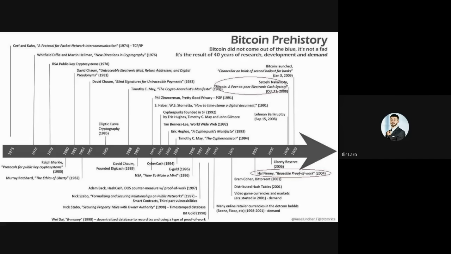Now, Bitcoin was first published as a white paper on October 31st, 2008, which is basically a research paper. In that research paper, Satoshi Nakamoto found a solution to a problem. Satoshi Nakamoto found a way to create a decentralized network that could achieve a consensus agreement without any central controlling authority.